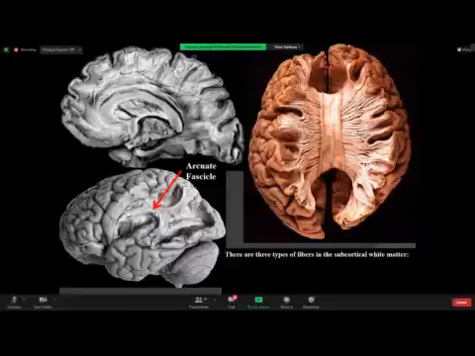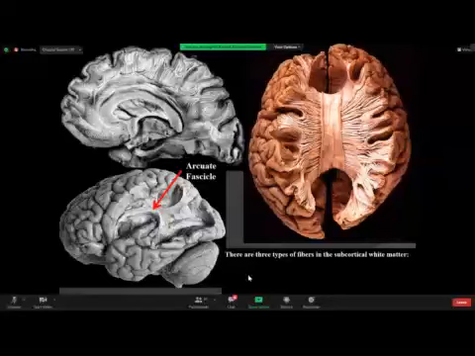One of the most interesting ones is the arcuate fascicle. This takes information from Wernicke's area to Broca's area, which is involved in speech. So if this gets cut for some reason, with a bullet or during a surgery, for example, this is how speech will probably be affected.